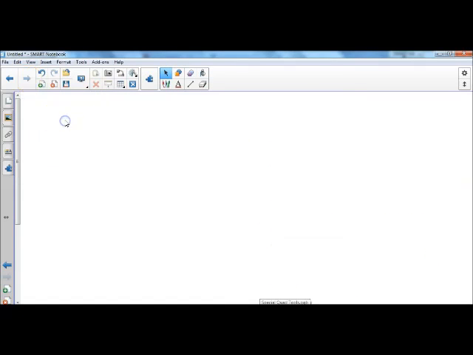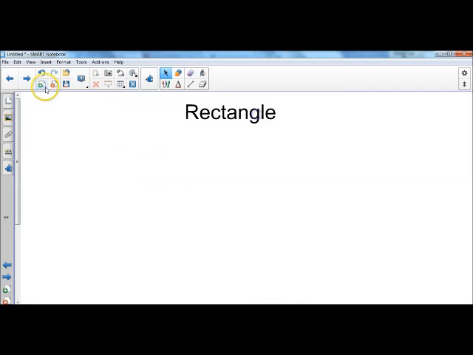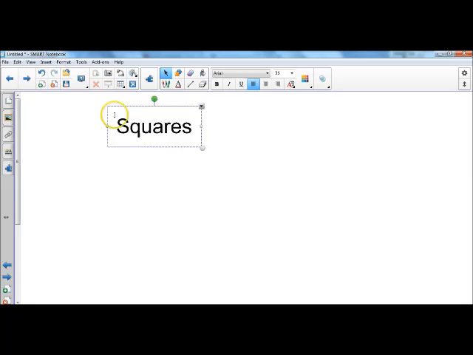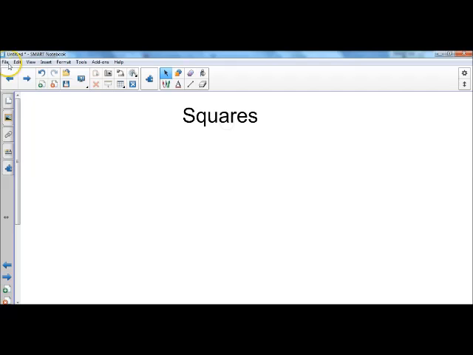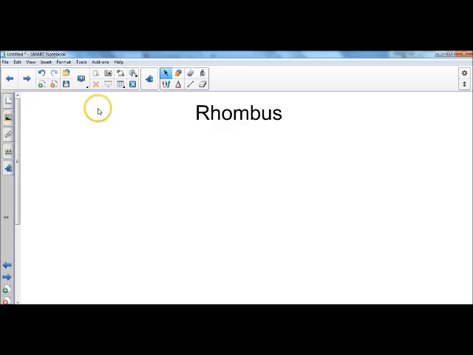So I'm going to just put a sheet here. We'll start with rectangles since we just looked at it. I'm just going to title these pages by the special quad. Maybe we'll go squares next, because squares are rectangles. Squares are also rhombuses, so maybe we'll say a rhombus, and we'll label our properties as we see them and write them down as we go.